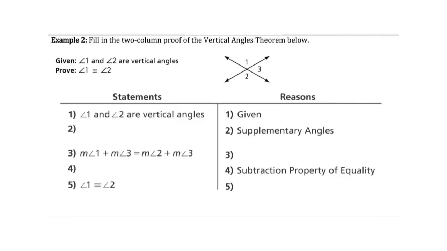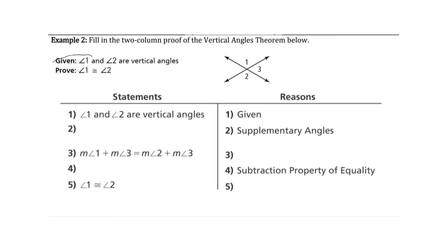What we're going to do next is fill out a 2-column proof that proves the vertical angles theorem. Okay, so we're given pieces of the statements and the reasons. What we're going to do is fill out the missing pieces of the statements and the reasons. So the first one says we're given.